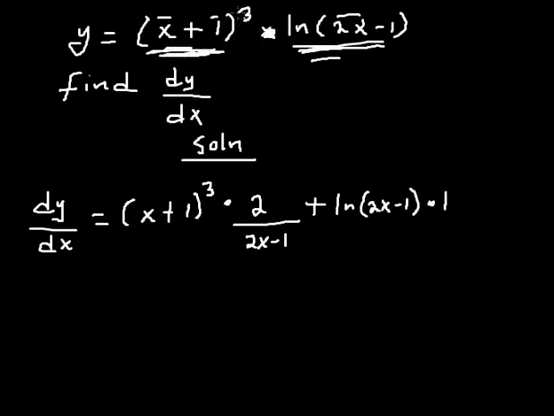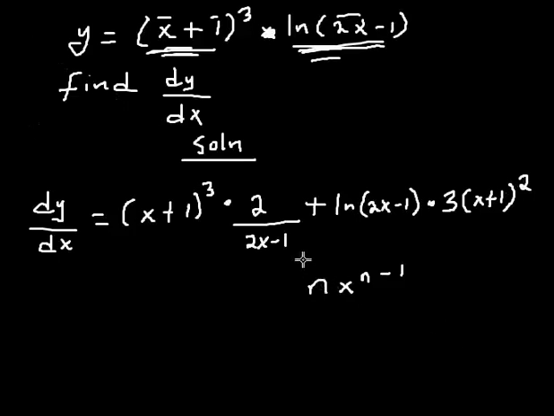Then the 3 comes to the front, 3 times 1 is going to be 3, then (x + 1). Remember the formula is always nx^(n-1). The n being 3 has come to the front, then the power has to be reduced by 1, and that's going to be 2.